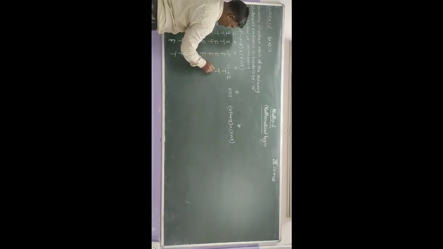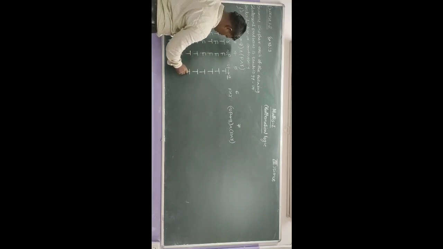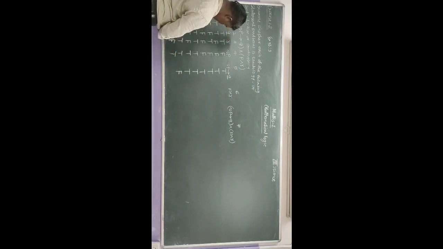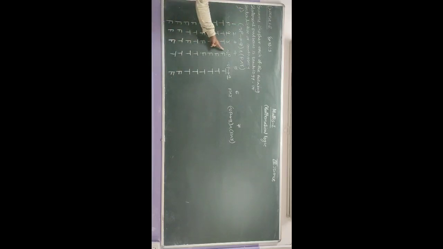False implies false is true. False implies false is true. True implies true is true. True implies true is true. True implies false is false. True implies false is false. Check carefully: false implies true, true; false implies false, true; true implies true, true; true implies false, false.